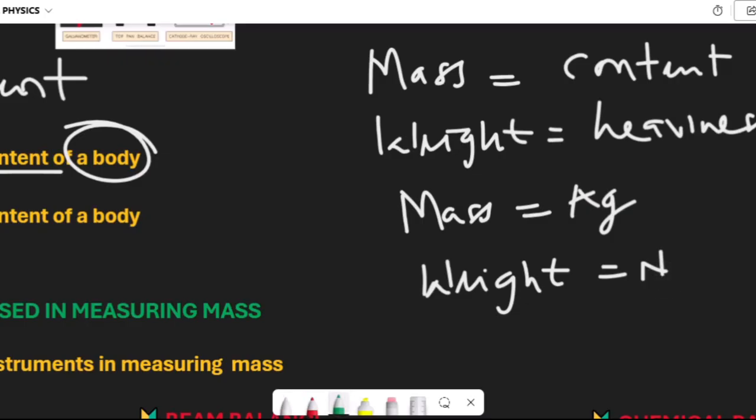Another thing is that mass is constant, while weight varies. So they are very, very different. You can't say mass is weight, likewise you can't say weight is mass. So we know that mass measures the content of a body, while weight measures the heaviness of a substance due to acceleration due to gravity. Now let's move on to the kind of instrument we use in measuring mass.